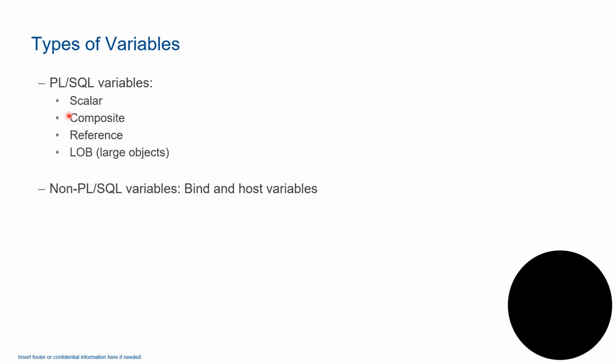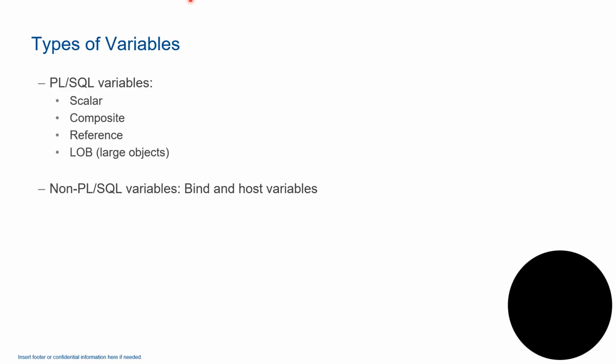Okay, so if we talk about scalar, scalar is a single value with no internal components, such as number, date, or boolean.